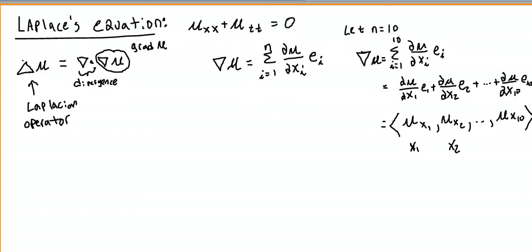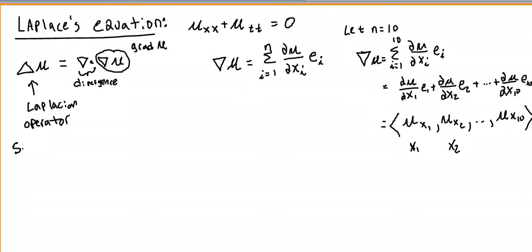Notice, I didn't give you a direct formula for it. All I'm telling you is that the Laplacian operator is the fancy divergence of the gradient, which is really just the gradient dot product with a gradient. So it is the divergence of the gradient of some function u.